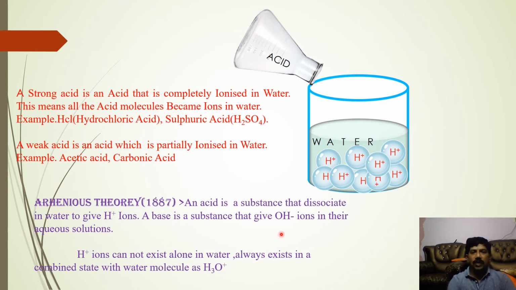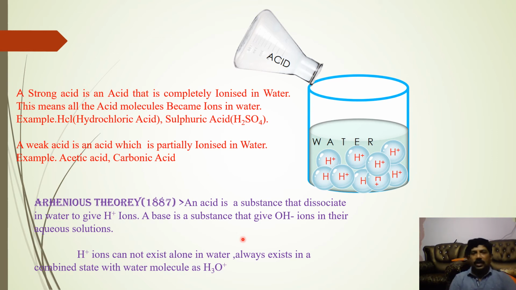Already I told you what is an aqueous solution. If the solvent is water, if any substance is dissolved in water, then it is known as aqueous solution. Are you clear about that one? So, an acid is a substance that dissociates in water to give H plus ions. A base is a substance that gives OH minus ions in their aqueous solutions.